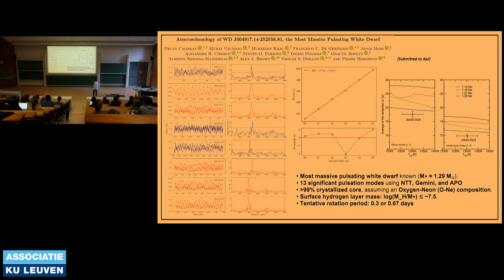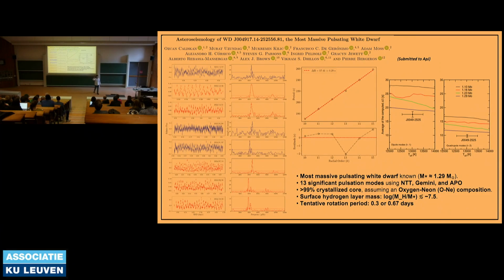So if you believe the models, these have 99% crystallized core. That's what the model shows, based on these 13 significant pulsations. We did a period-to-period matching using the model. And of course, in the case of these stars, we only have available models with an oxygen and neon core.